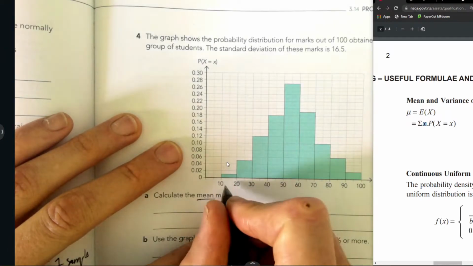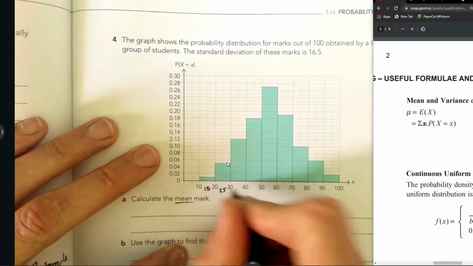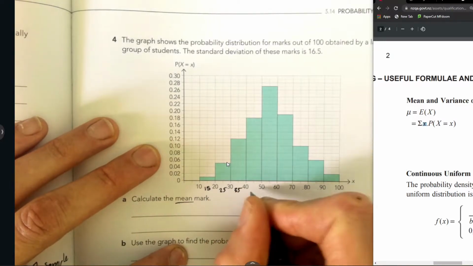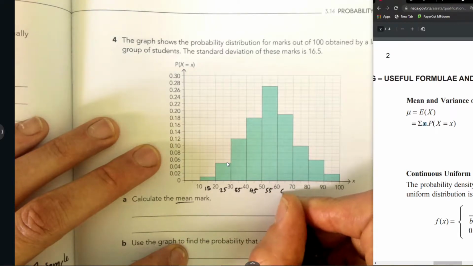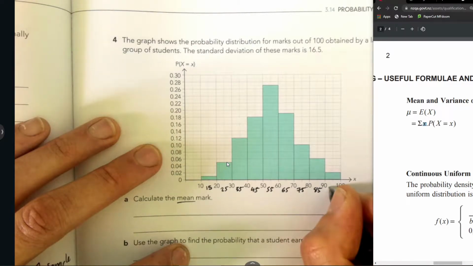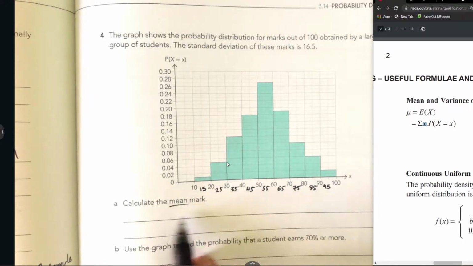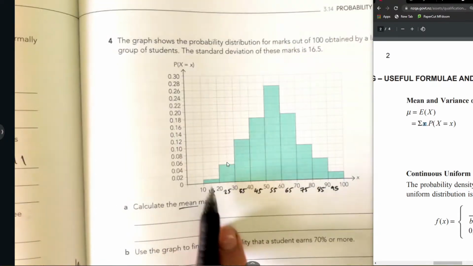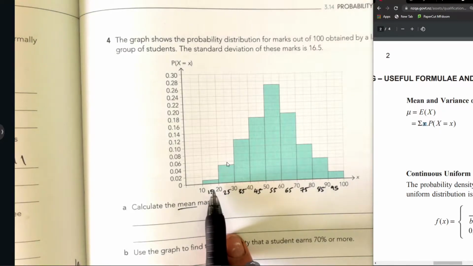Between 10 and 20, the middle value is 15. So you can go through and do all these: 25, 35, 45, 55, 65, 75, 85, 95. The reason we can do that is because we're talking about a mean anyway, so we've essentially taken the mean of each value x.